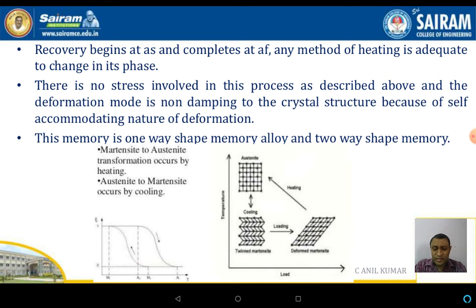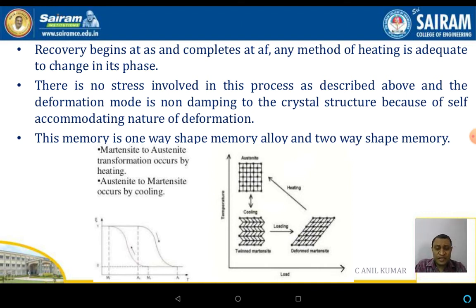First of all, the shape memory alloy before loading, at the origin, will be in the twinned martensite only. Once loading starts, it will be in the deformed martensite condition. Even after heating takes place at this point, it will be in the deformed martensite condition only, but the phase change is taking place, and austenite start also begins at this position.